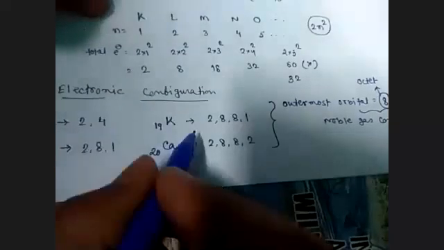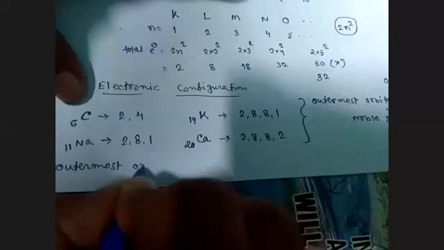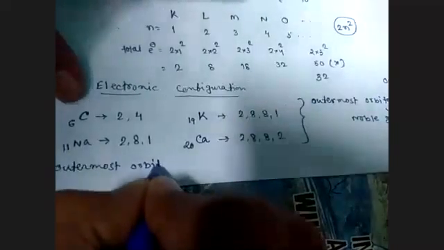According to these configurations, these are the last electrons which are placed in the last orbitals. The electrons placed in the outermost orbital, the outermost orbit, is called the valence shell. Outermost orbitals are also known as valence orbitals.